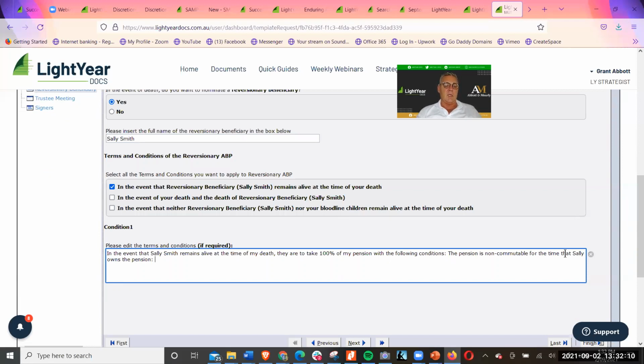And then the second one is any pension payment must not exceed 10% of the pension account balance. Okay, so does everyone see that one?